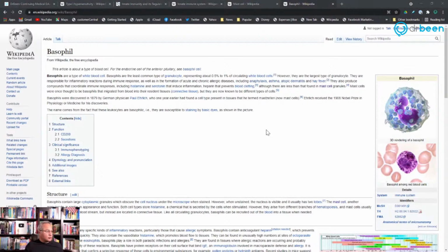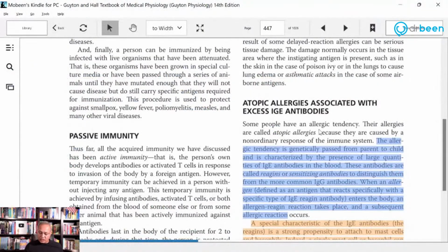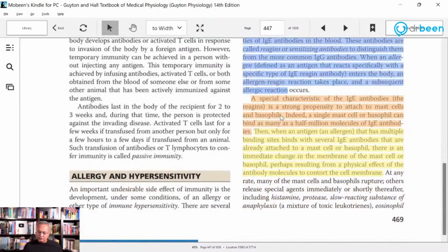In terms of the books, the important books are two. Number one, this is Guyton and Hall Textbook of Medical Physiology, Guyton Physiology, 14th edition. If you see here, atopic allergies associated with excess IgE antibodies, this is what we're going to talk about. So I'm going to close this.